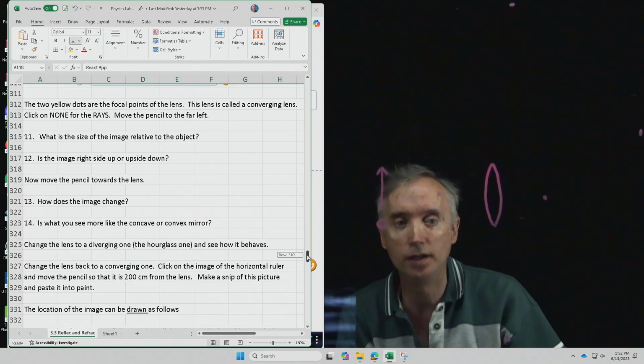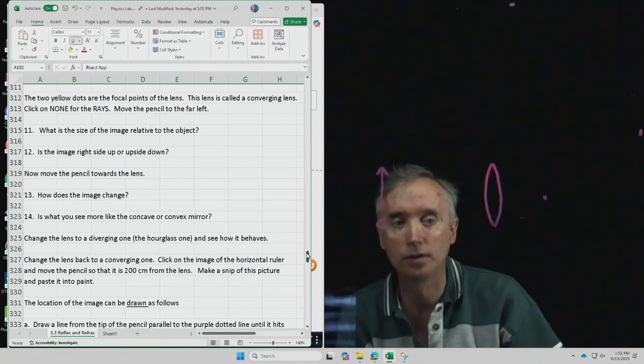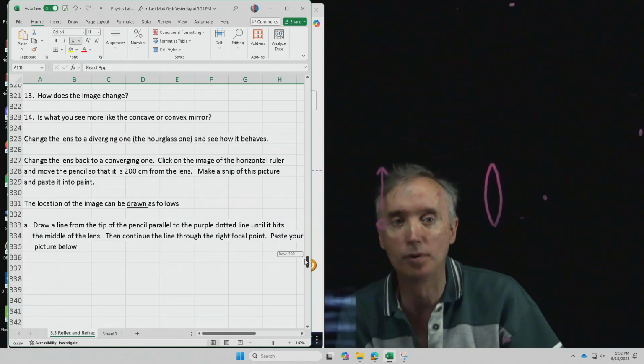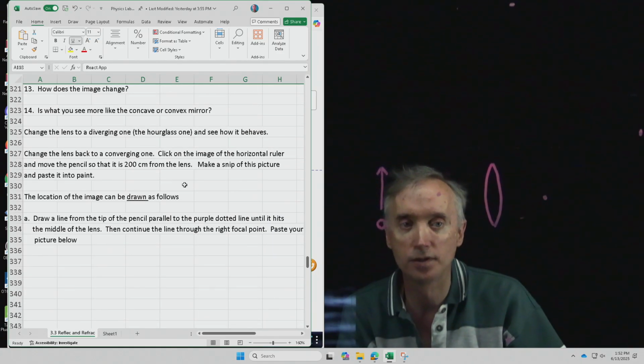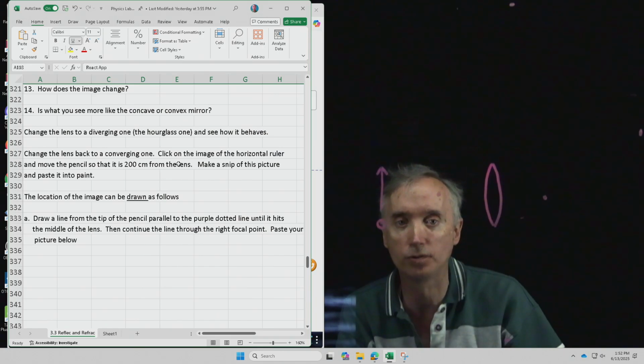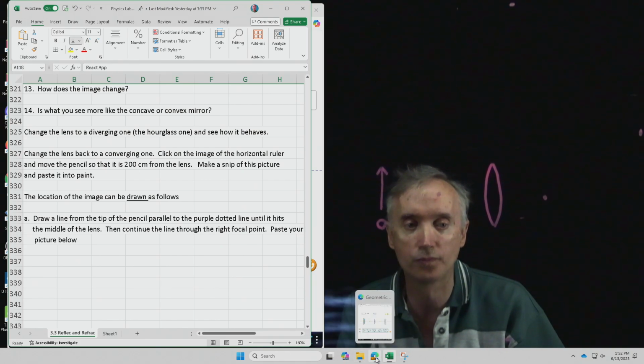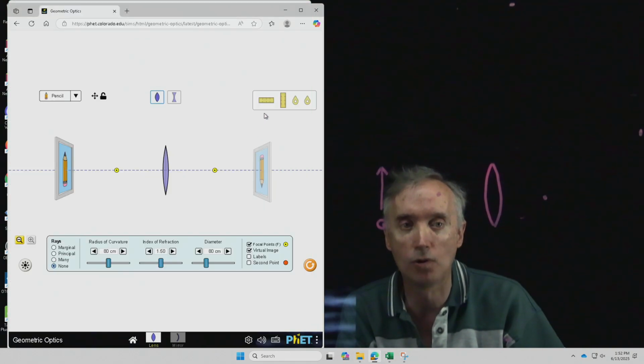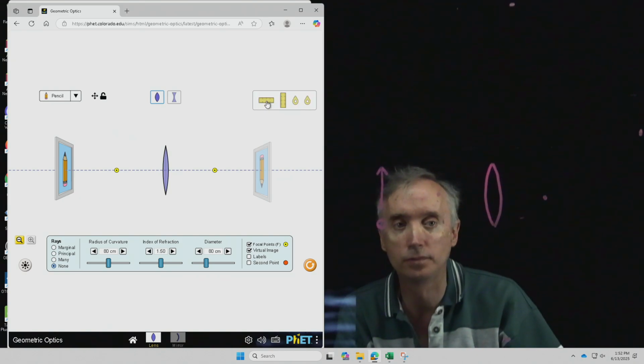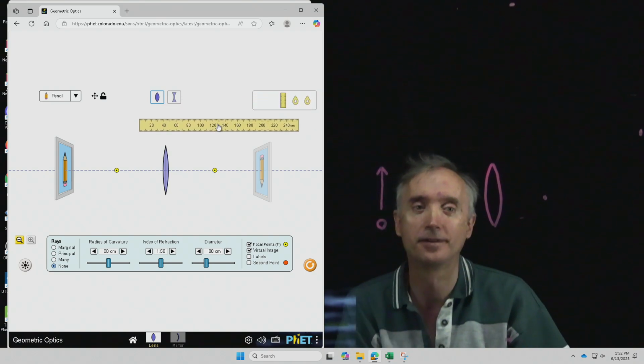Okay, now we need to put numbers to this. So we need to click on the image of the horizontal ruler and move the pencil so that it's 200 centimeters from the lens. So a horizontal ruler, there.